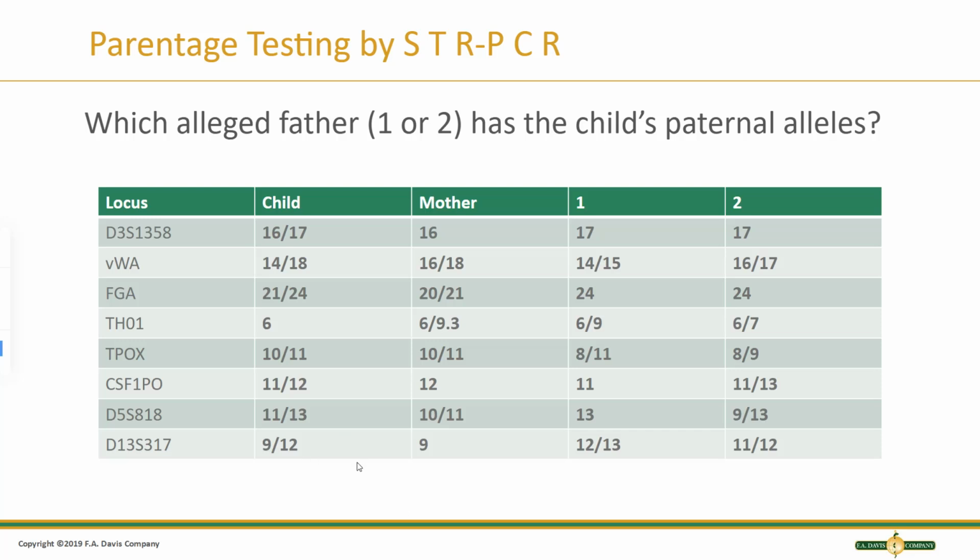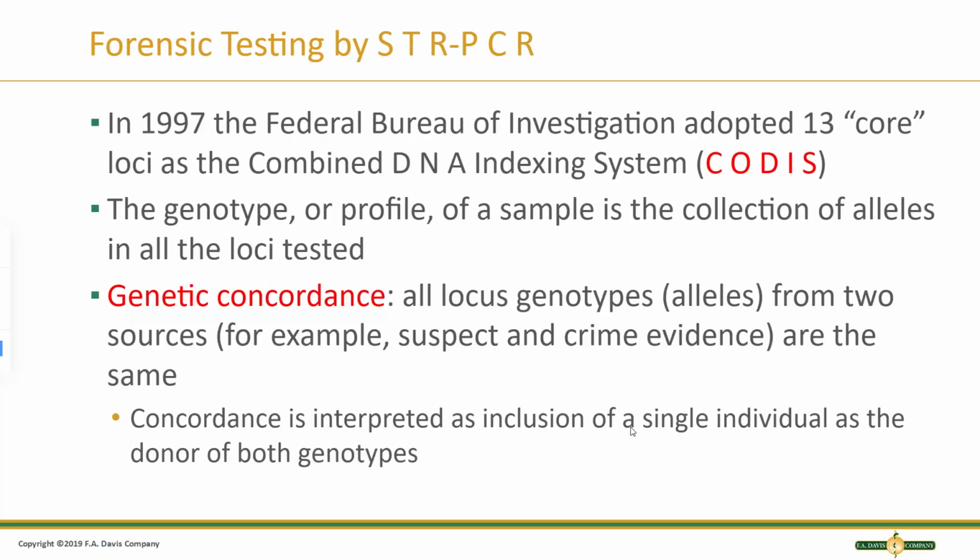And 9, 12, the 9 came from the mom, so the 12 could have come from either one of the dads. So evaluating all of these different regions is necessary because we want more than one piece of evidence that that's the father. And now we have 2 out of these that confirm that that's the father.